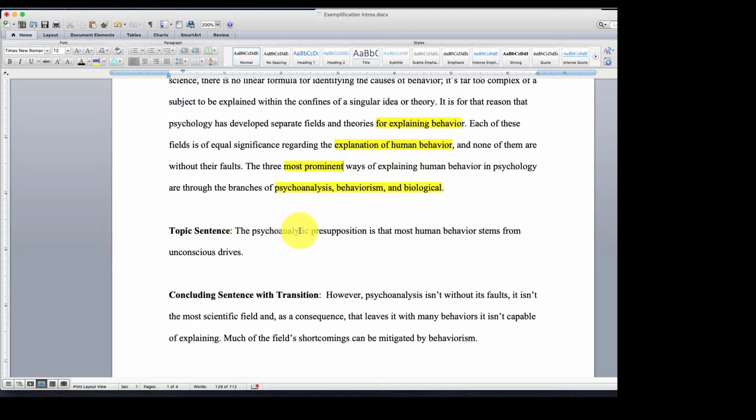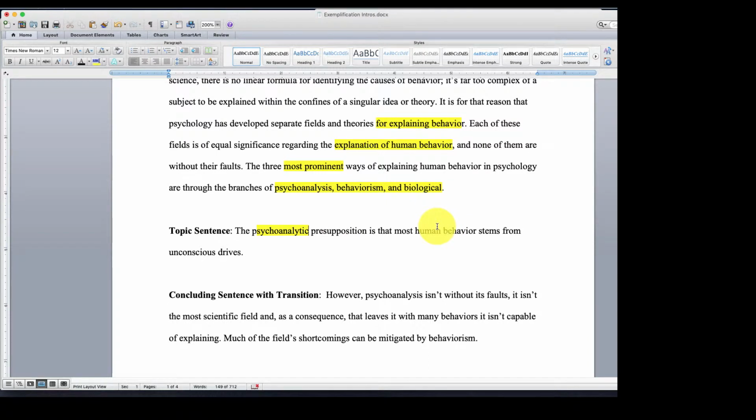The psychoanalytic presupposition is that most human behavior stems from unconscious drives. So he's talking about psychoanalysis, which is really the first topic, if you match it here. The rest of the paragraph talks about psychoanalysis and human behavior.